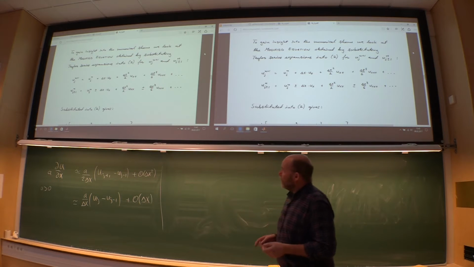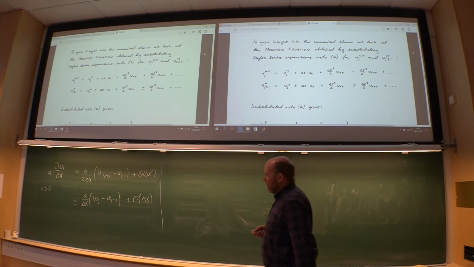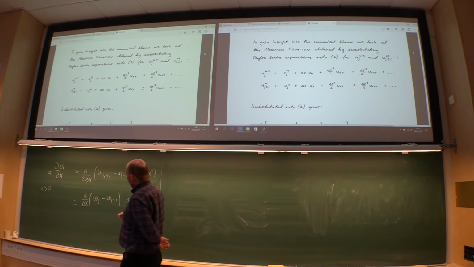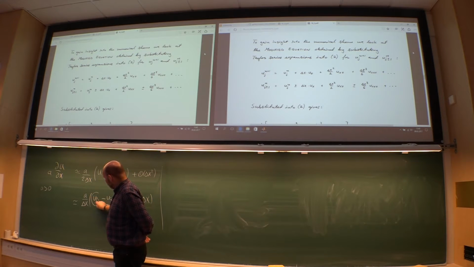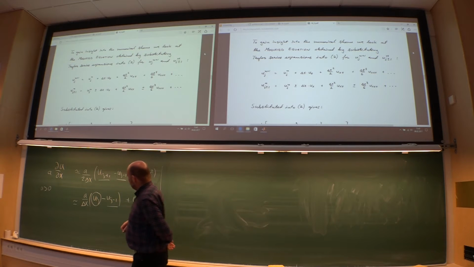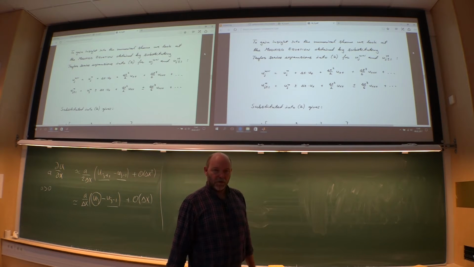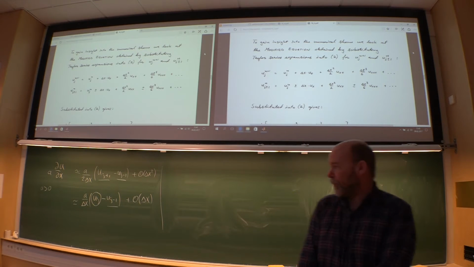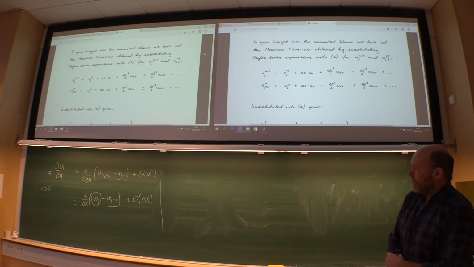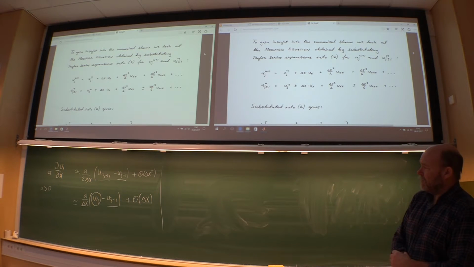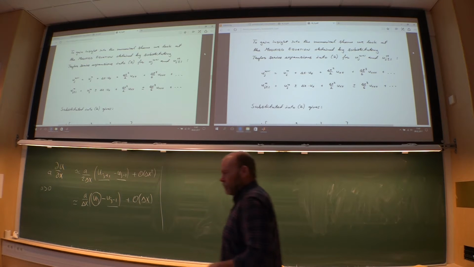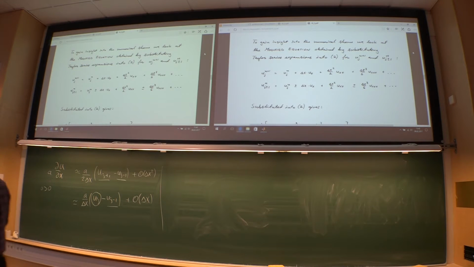Well, to obtain it, first you take everybody different from your center point. This is the center point. Everybody else, you have to insert an entire Taylor series to represent them. So that's the first step. And here we are going to need a Taylor series in time, forward in time.